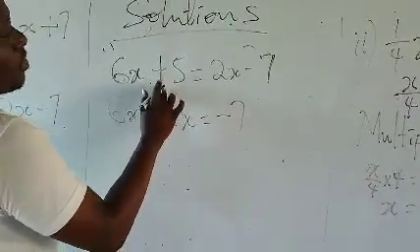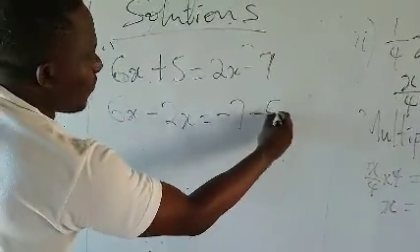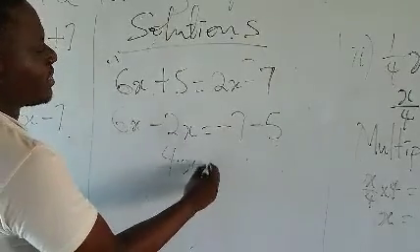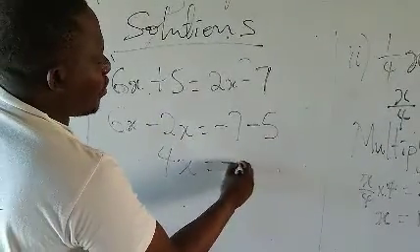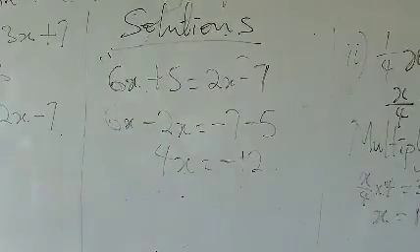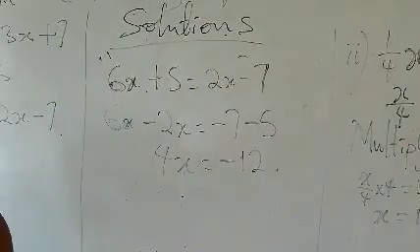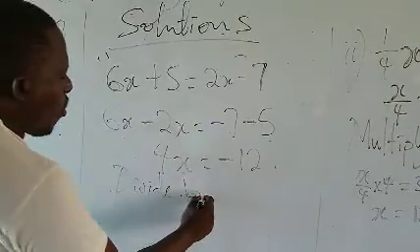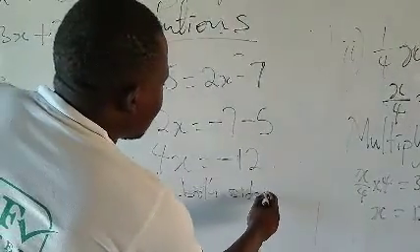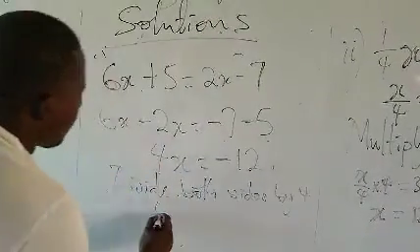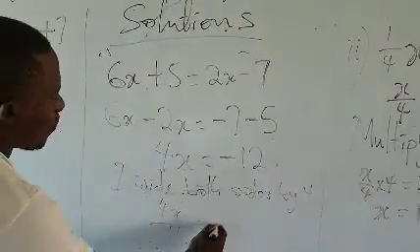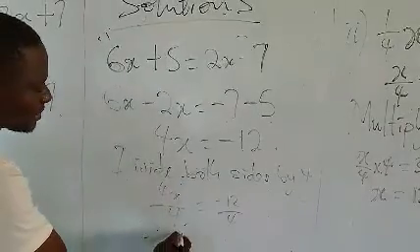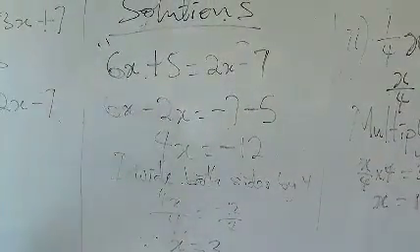Minus 7 moves to the left side, minus 5. Now 6x minus 2x is 4x. Minus 7 minus 5 is minus 12. The coefficient of x is 4, so you have to divide both sides by 4. 4x divided by 4 is equal to minus 12 divided by 4. From here, we have x equals 3.